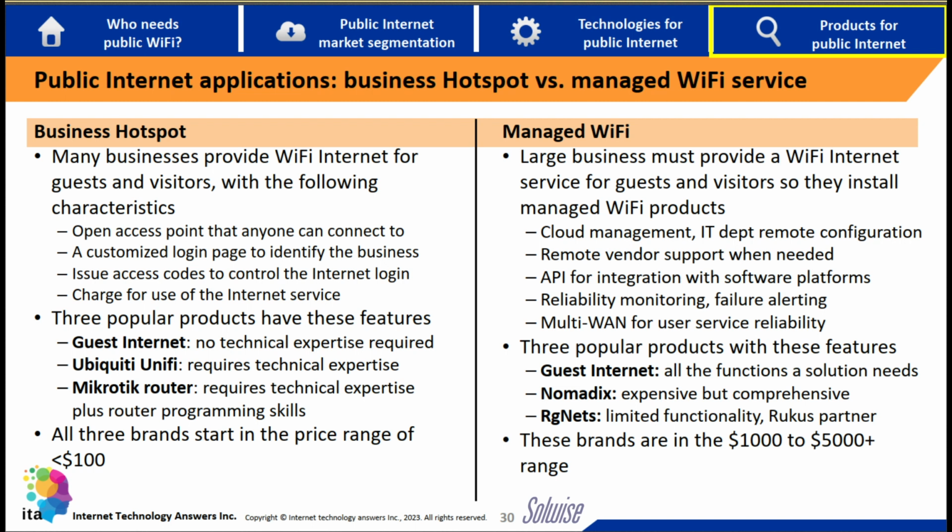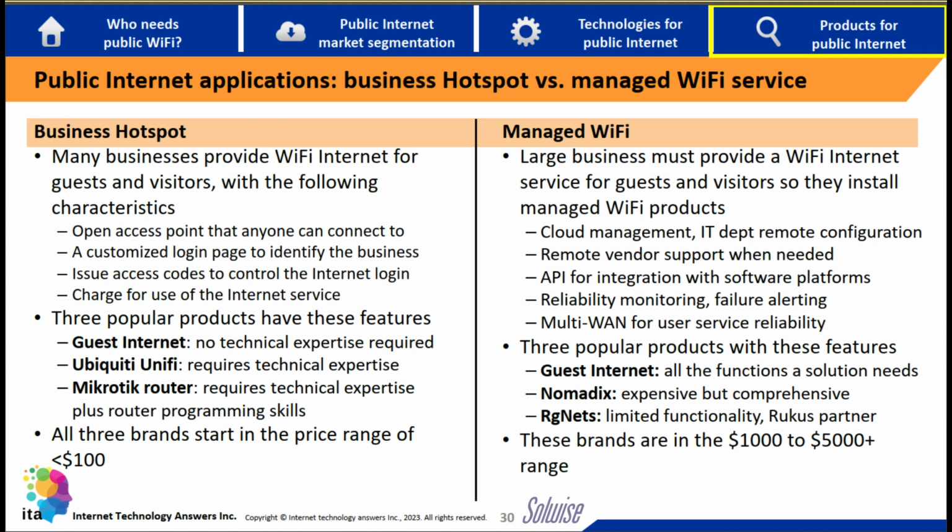The larger businesses, the hotels, resorts, casinos, that type of location, they're looking for services much above the business hotspot. For example, cloud management. They want remote vendor support. They want an API for integration with their systems.